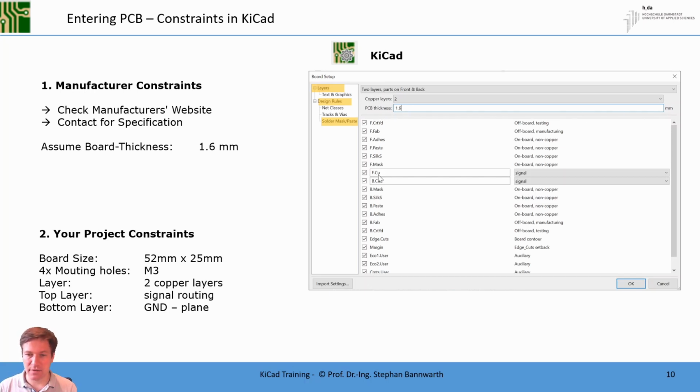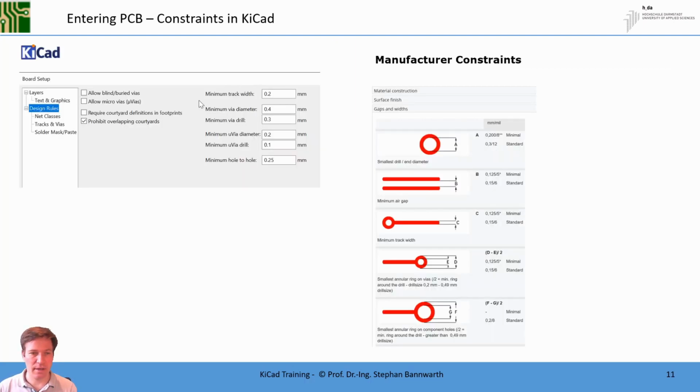You can select here F.Cu, this means front copper, and B.Cu means bottom copper. Cu is because of the element copper in the periodic table of the elements. Copper is Cu.